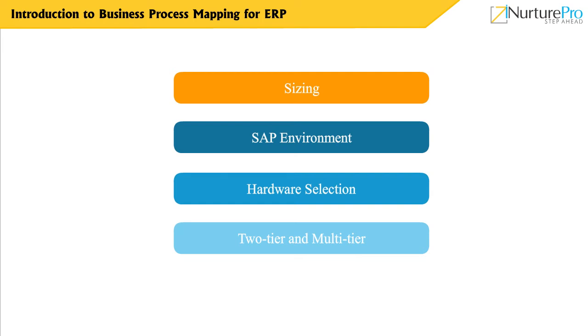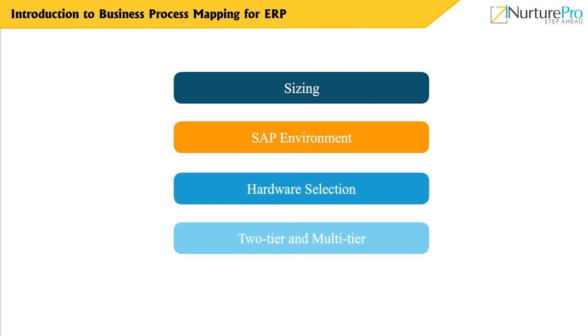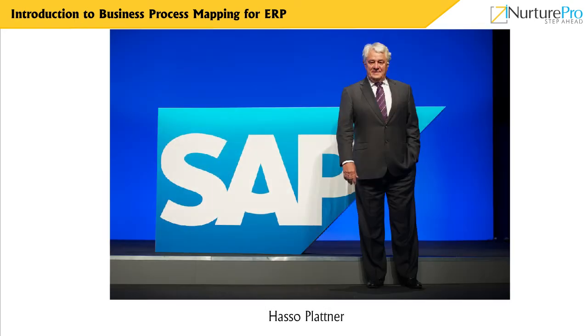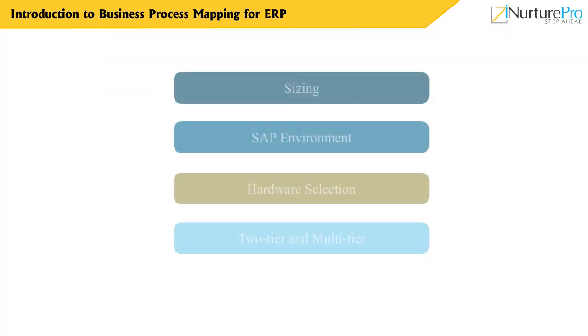This is an iterative process. SAP is a critical software application which depends on hardware infrastructure. Co-founder of SAP, Hasso Plattner, estimated that future advances in hardware may bring new approaches for building applications, which is very significant for the development of SAP software.